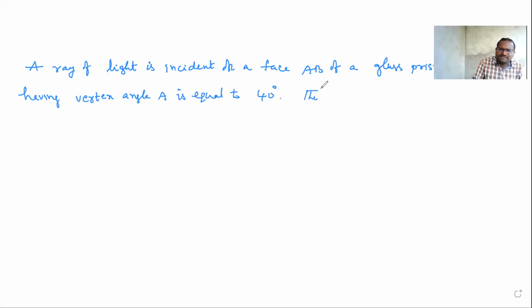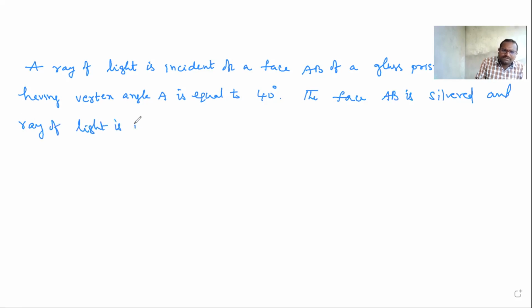The face AB is silvered. Okay, and a ray of light is incident on face AB.